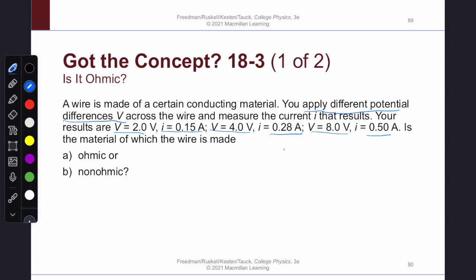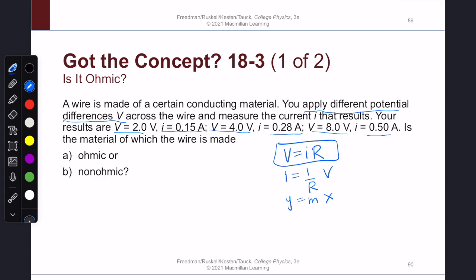So recall that ohmic follows V equals IR, or if you want to rearrange it, I equals 1 over R times V, if you want it in y equals mx form, right? Either way, it's actually better if we just investigate it using V equals IR.